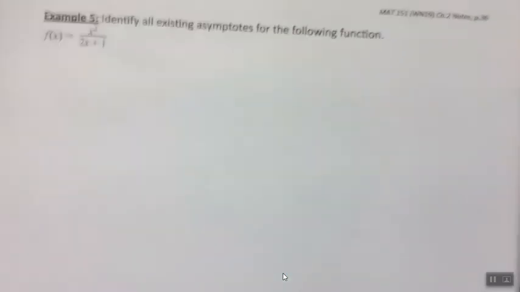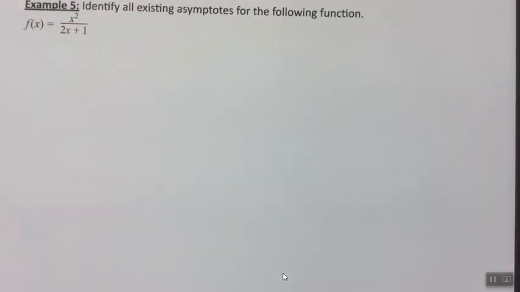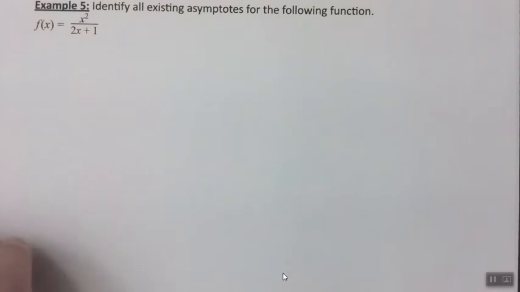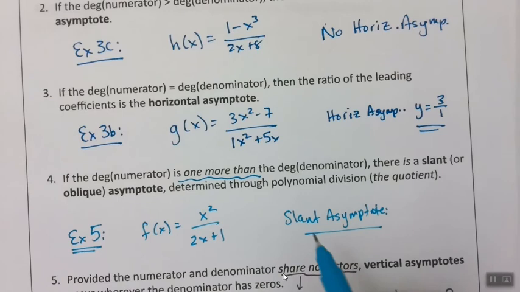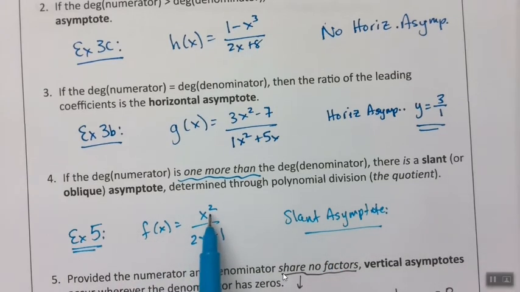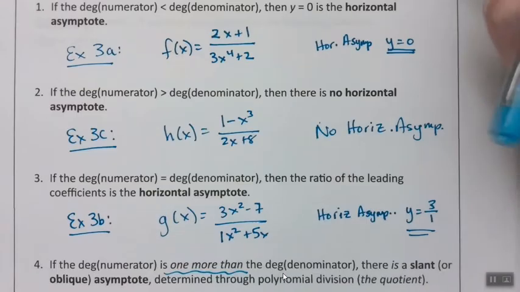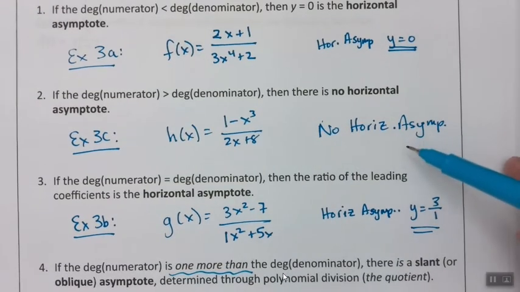All right, so let's identify the asymptotes of this function. We know it's going to have a slant asymptote, and since it has a slant asymptote, it's not going to have a horizontal asymptote. As a matter of fact, I can make a little note right here. It has a slant asymptote. If it has a slant, the degree of the numerator is greater than the degree of the denominator, which, if you remember, right up here has no horizontal asymptote.